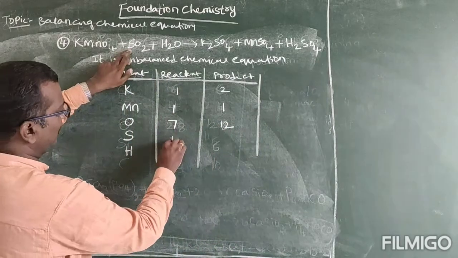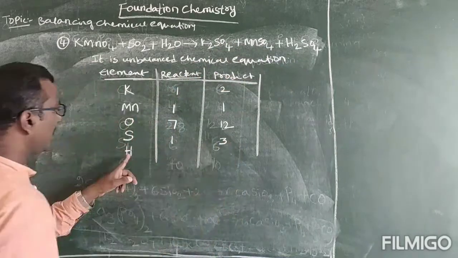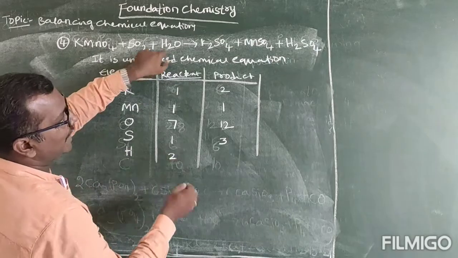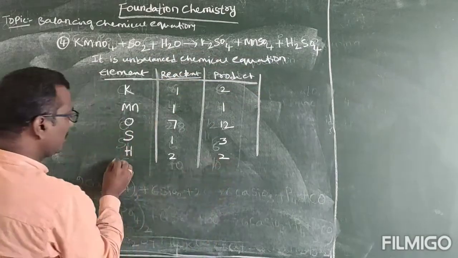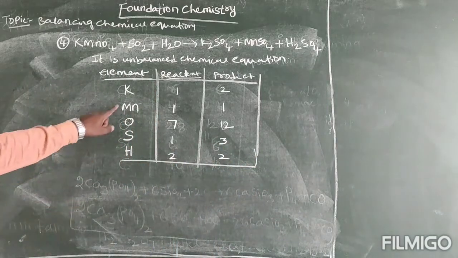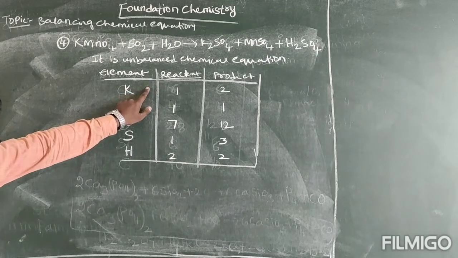Sulfur 1, here 1 plus 2, 3, and hydrogens 2 on the reactant side, there also 2. So first, potassium is not balanced.